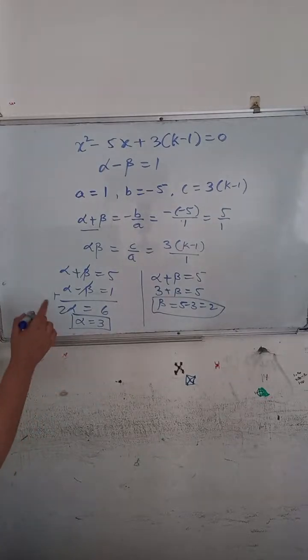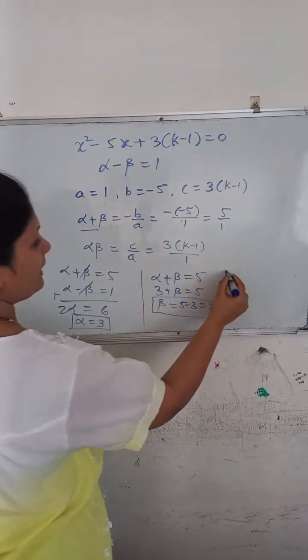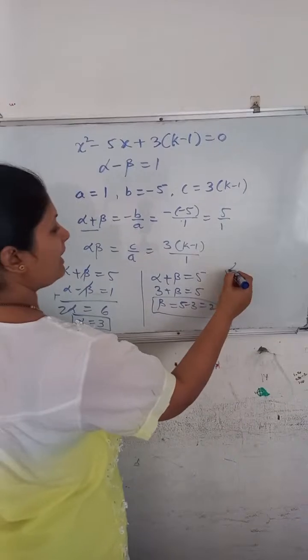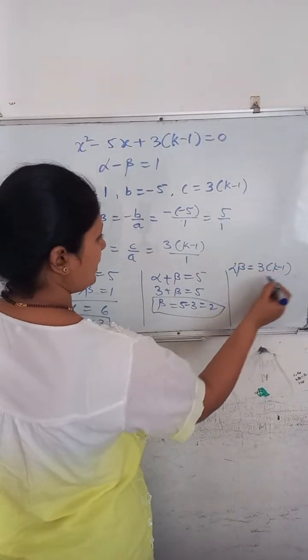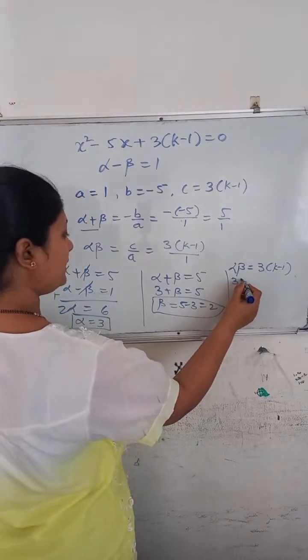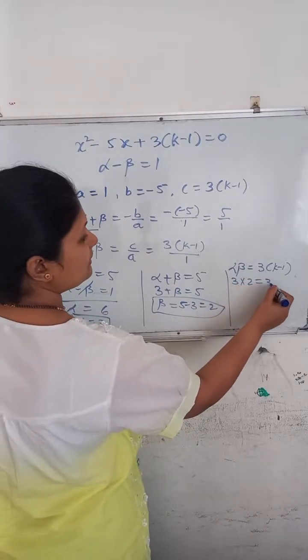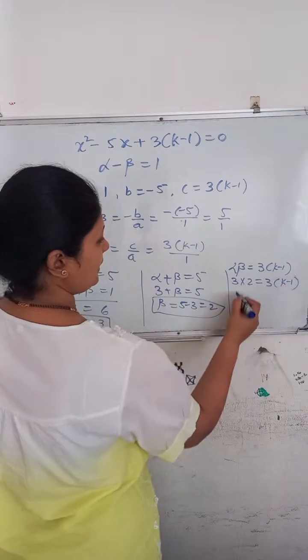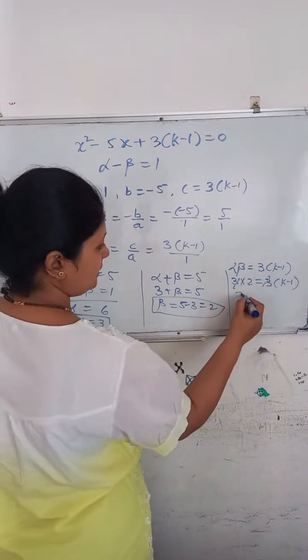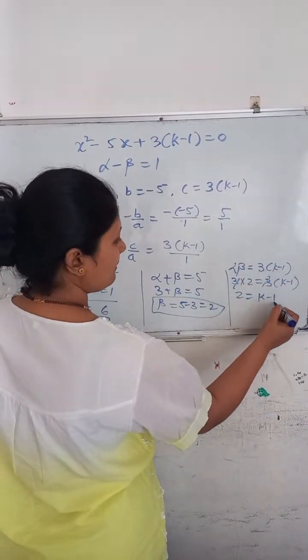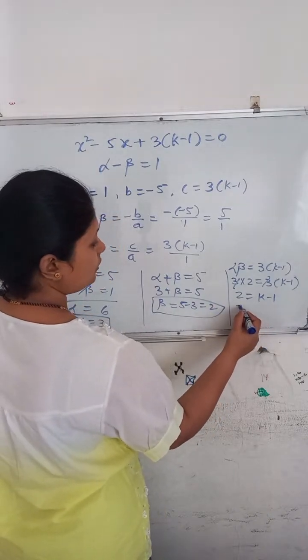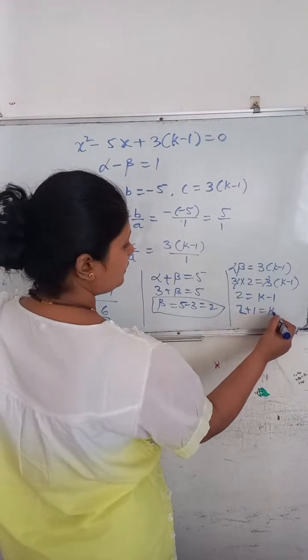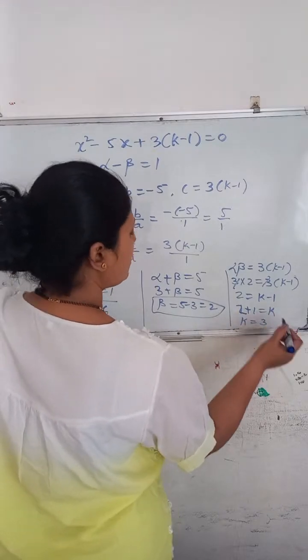But now they are asking the value for k. Okay. So I have alpha into beta is 3 into k minus 1. Alpha I have 3, beta I have 2. So 3 and 3 get cancelled. 2 is equal to k minus 1. Minus 1 you can transpose to this side. So 2 plus 1 is equal to k, and k is equal to 3.